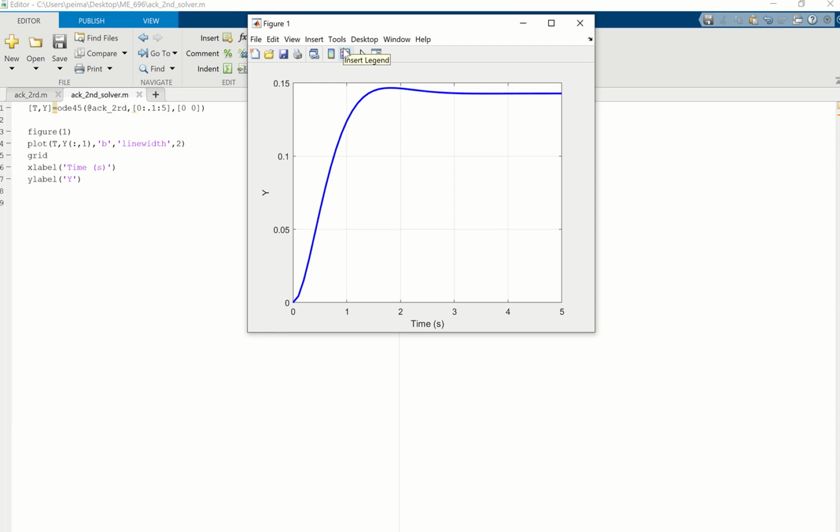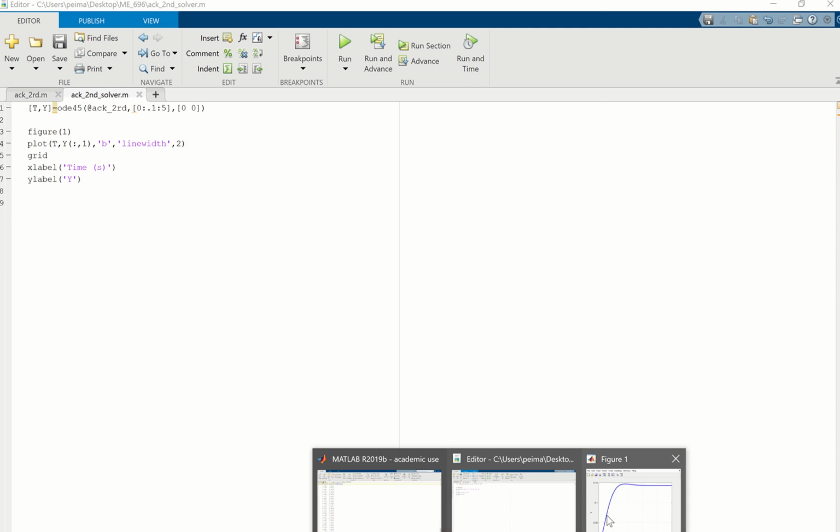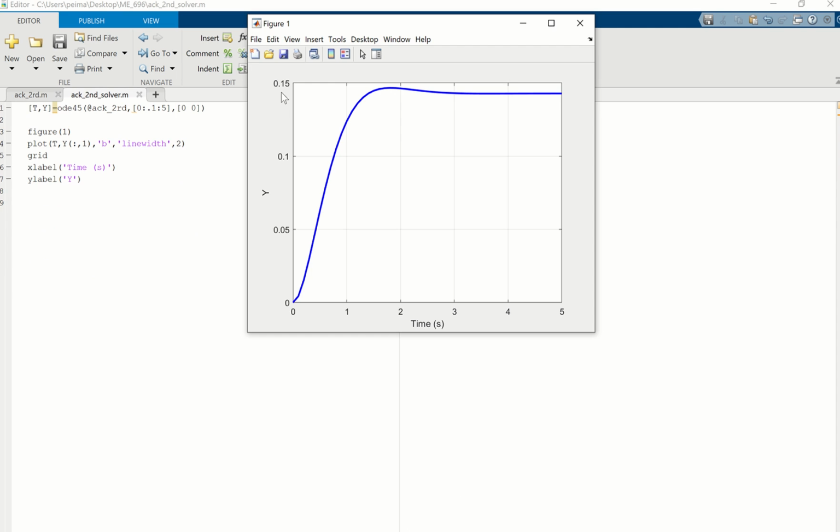You see, guys, this time you wanted to go to 1, but your system ends up at almost 0.15. You have a huge gap, you have an error, because I intentionally removed the integrator from the system.